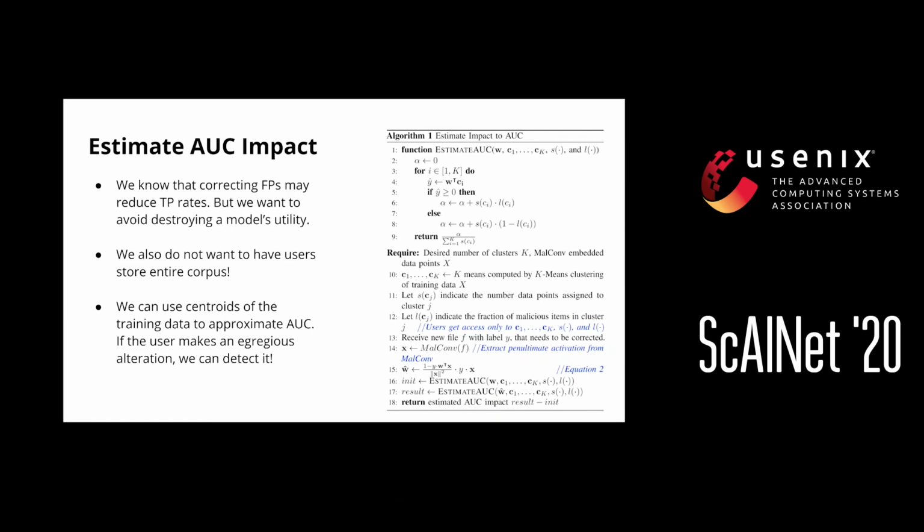We can use the weighted centroids and their label purity to estimate the AUC. This is actually a pretty good estimate, and it's not hard to compute. That way we can share these cluster centroids rather than sharing the original data, which also helps maintain privacy and avoid sharing proprietary data.